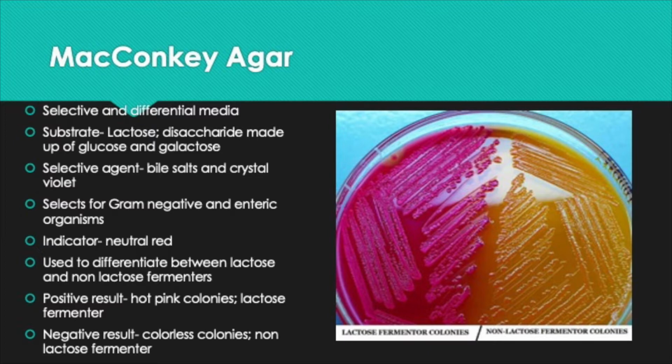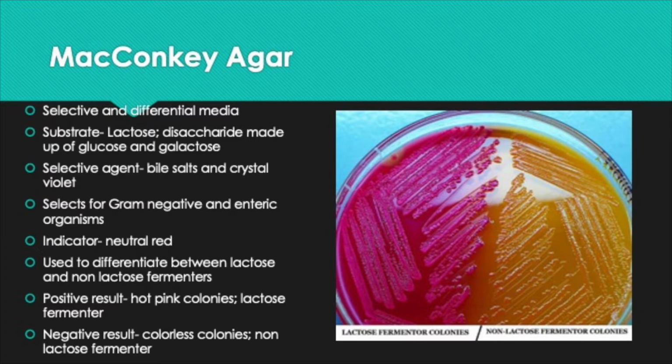MacConkey is selecting for gram-negative organisms. That means that only gram-negative organisms are going to be able to grow on MacConkey. That's the target group of bacteria that we're looking at for MacConkey when we're looking at the pathogens. We're looking for gram-negative organisms. Remember, for MSA, we were looking for a gram-positive organism.